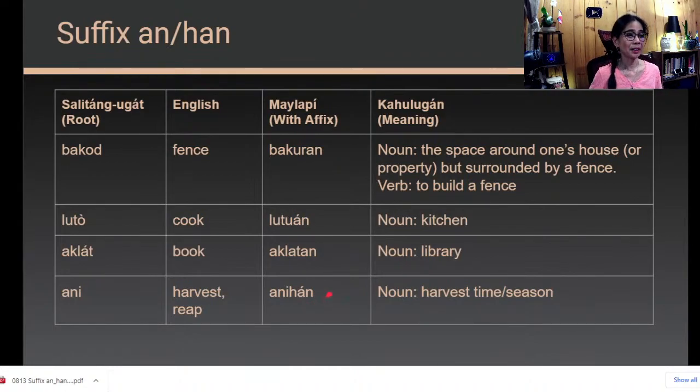Other one, aklatan, it's more relaxed. So anihan, it's a noun, but it doesn't mean place, Bruce, this time. Anihan means the time or the season. You follow? Anihan, the season for harvest. Aklatan is the place. Lutuan is a place. Bakuran is a place. Anihan is the season.